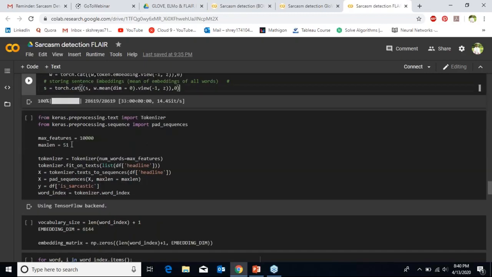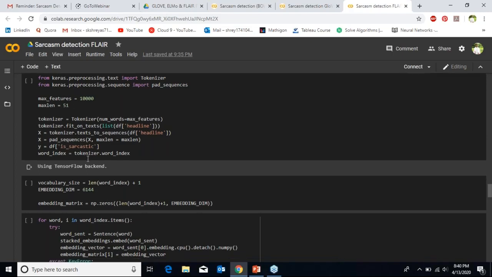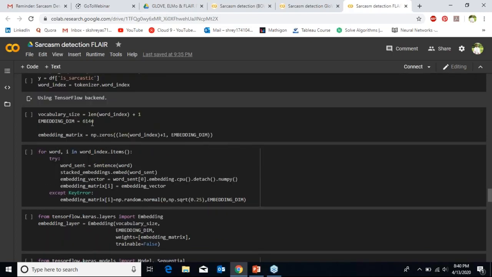I have used similar values as I used in GloVe. So max length is 51 and max features is 10,000. I have tokenized each sequence, and I have also padded the sequences with respect to the maximum length, which is 51. The embedding dimension in stacked embeddings is 6144.